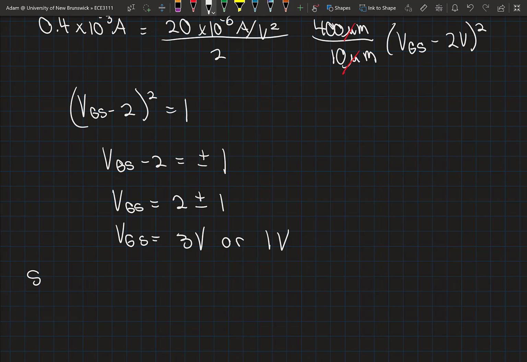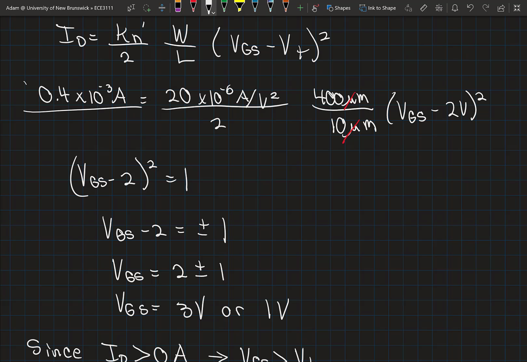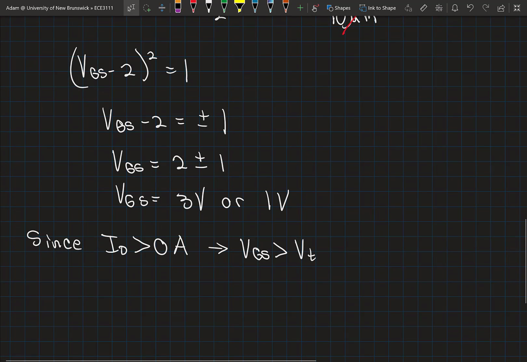Well, it can't in this particular case, because I know my drain current is greater than 0. I know I have some drain current, and because of that, my gate to source voltage has to be greater than my threshold voltage, right? Because I know my drain current was 0.4 milliamps.